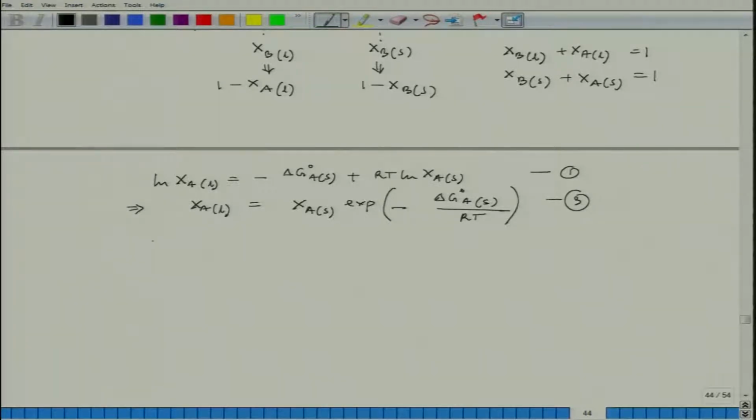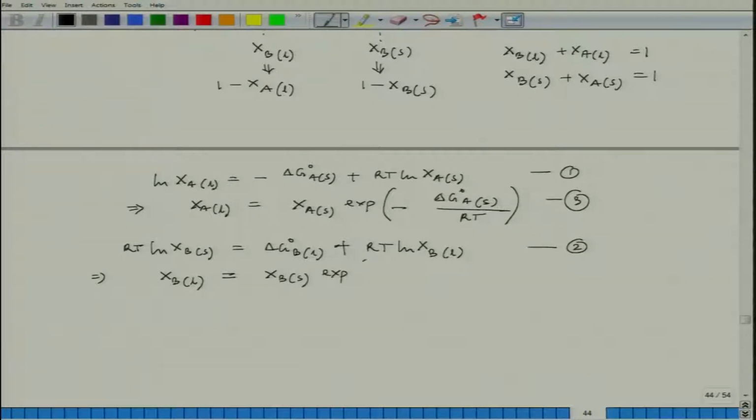And then the other equation was RT ln XB S equal to delta G0 B of liquid plus RT ln XB liquid. So, this is equation 2. I can write this one as XB liquid equal to XB solid exponential minus delta G0 B liquid by RT.